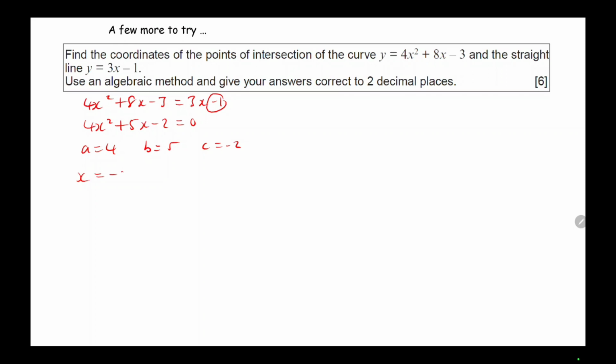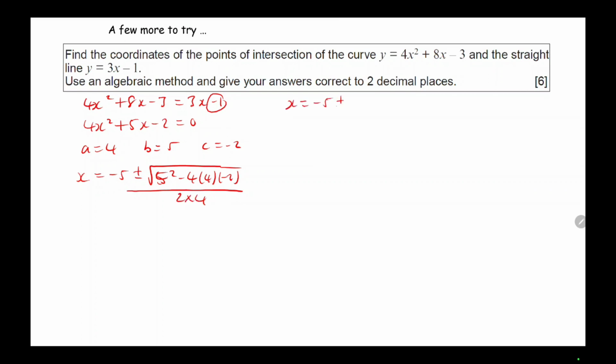x equals minus b, so minus 5, plus or minus the square root of 5 squared minus 4 times 4 times minus 2, all over 2a, all over 2 times 4.